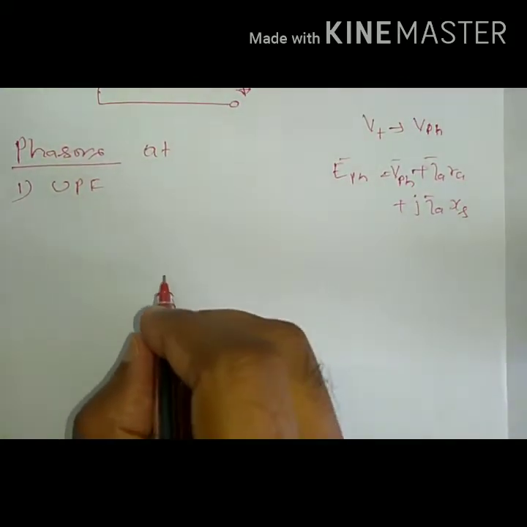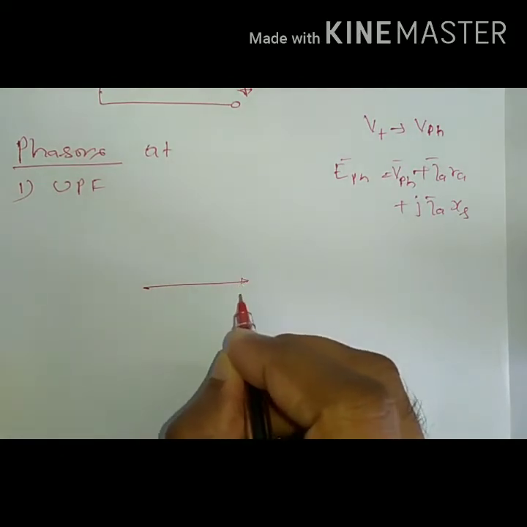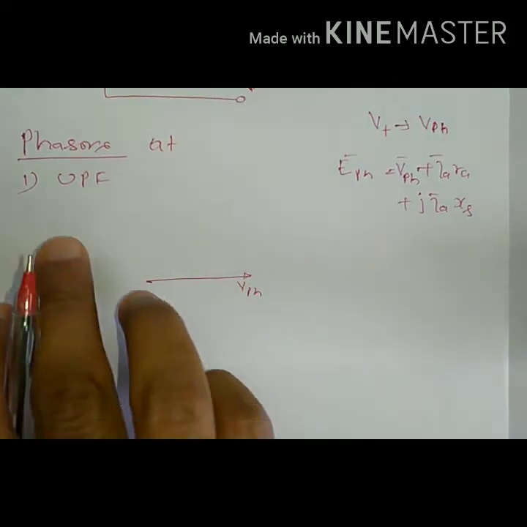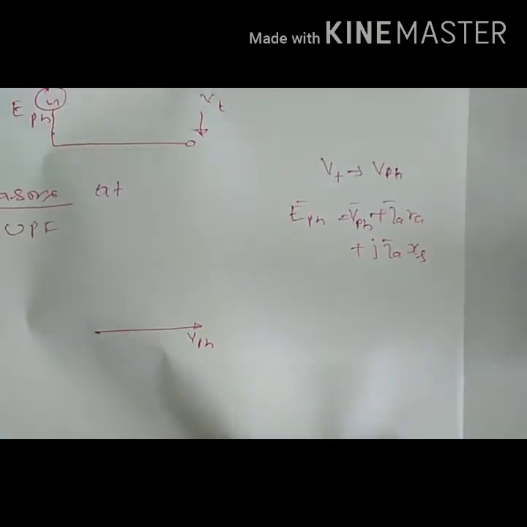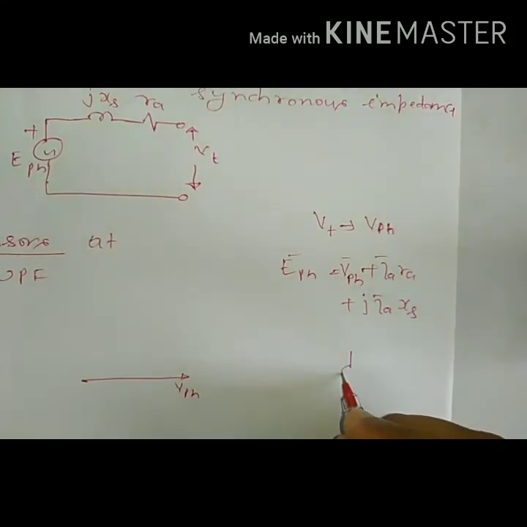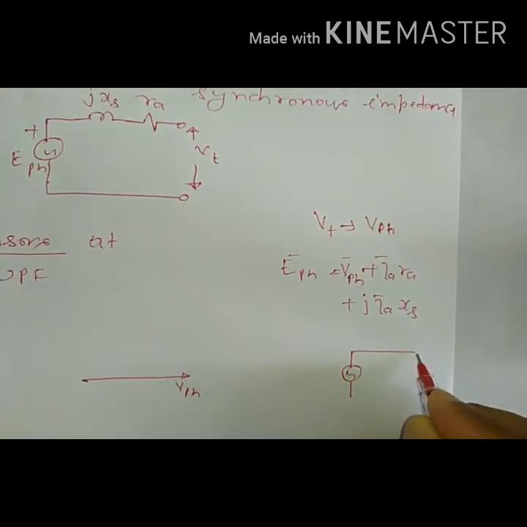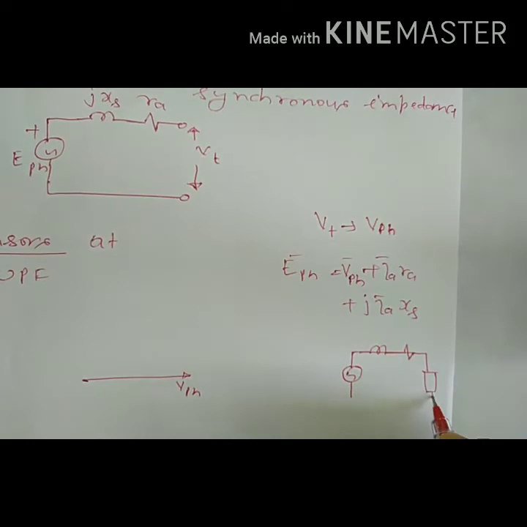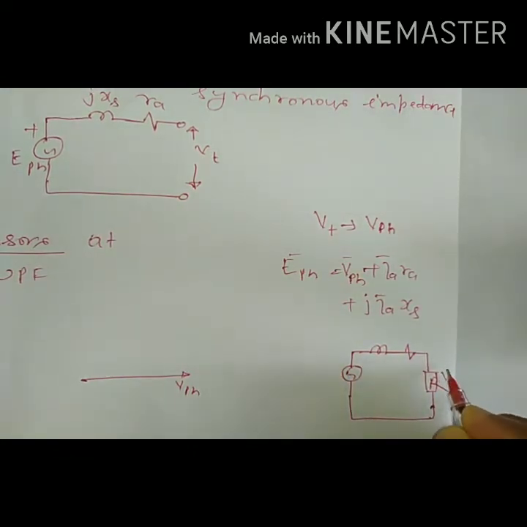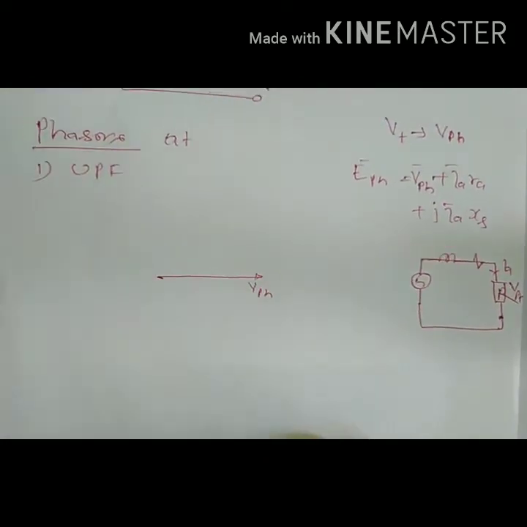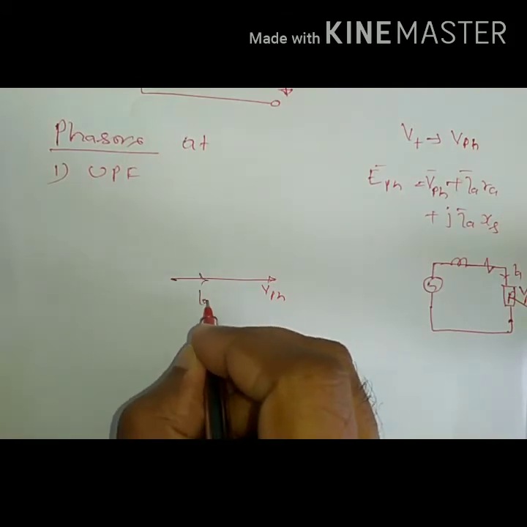If I take the reference as V or Vph, as it is unity power factor, the current will be in phase with the terminal voltage, because the load connected to the machine is UPF, a resistive load, right? So the terminal voltage VPH and the current IA will be in phase.